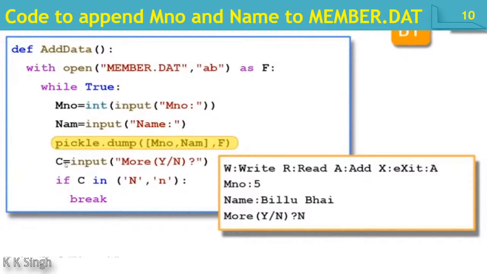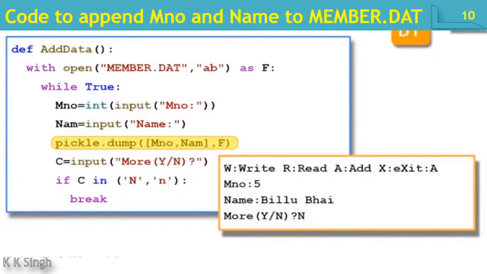Now again, C is equal to input more yes or no. If you say no, it stops taking the values, and if you say yes, it keeps on taking the values for MNO and NAM. So it depends on you.